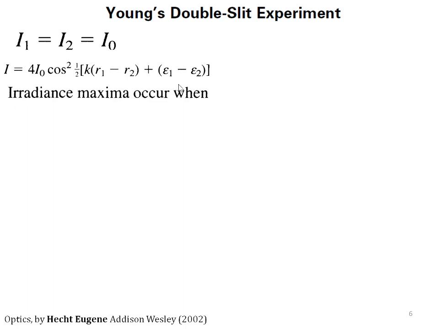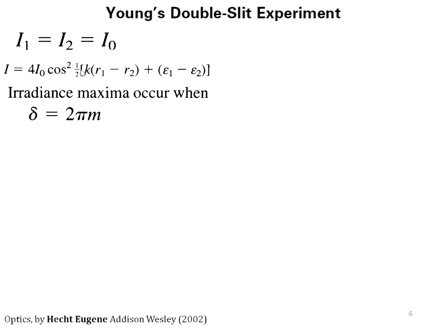This is simple. Now we want to obtain the condition for maximum intensity, or condition for maxima. When will that happen? Whenever delta is 2 pi m. Why is this 2 pi m? Because there is a factor of half sitting here as well.